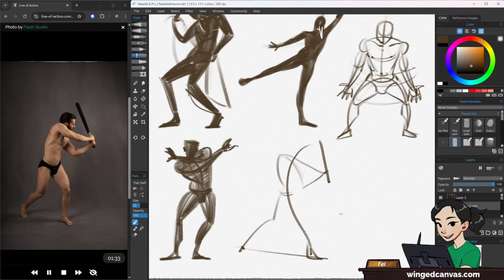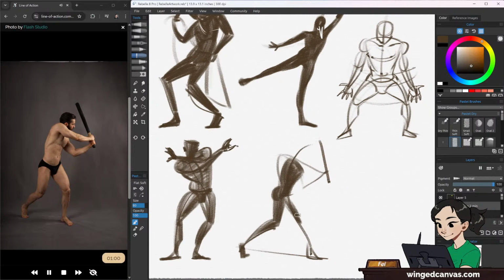Okay, so there's the gesture. It's important not to confuse the gesture with the shape phase, right? Because you can see, sometimes gestures can be a little bit off in terms of the pose, because they're meant to be more exaggerated, right?